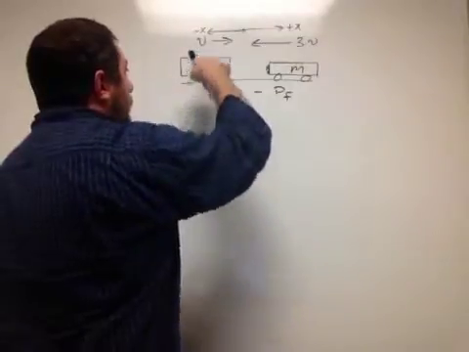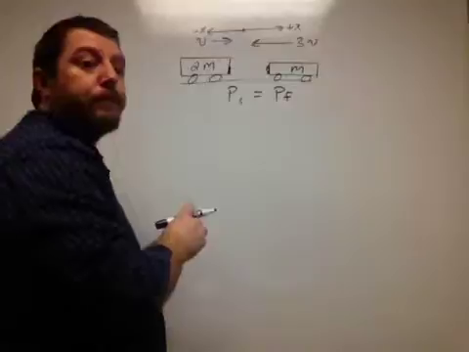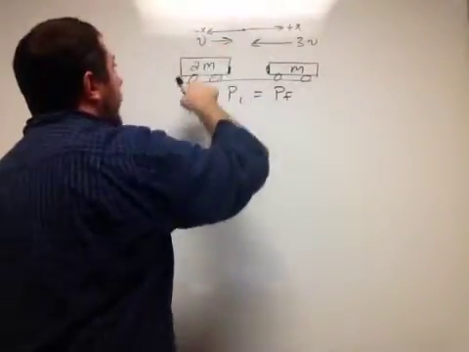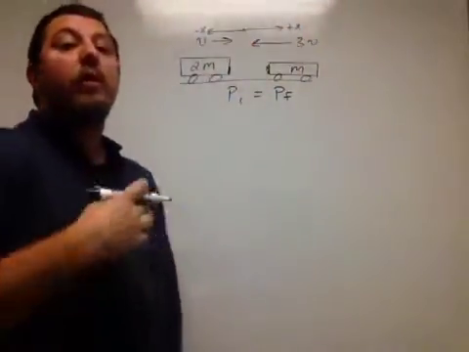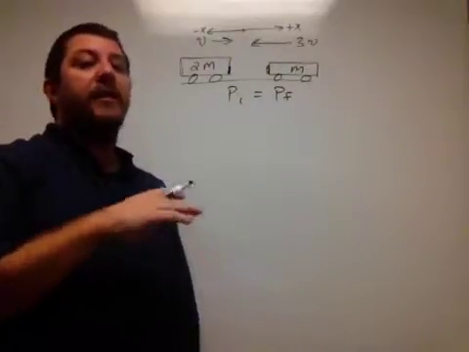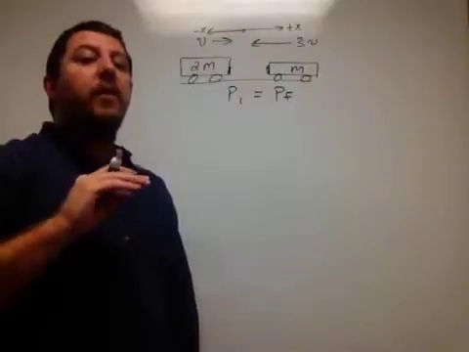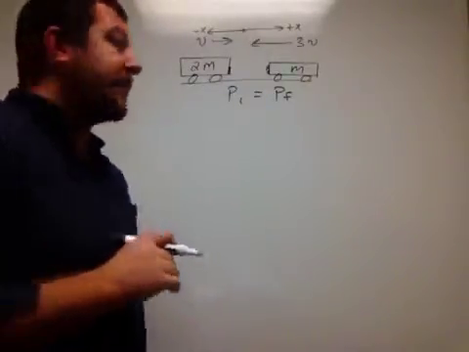The momentum of the 2m cart is going to be its mass times its velocity in the positive direction, since the direction of your momentum will always be the direction of your velocity. Momentum is the product of mv; v is the vector in that product and m is a scalar, so the vector direction will always be in the direction of your velocity.